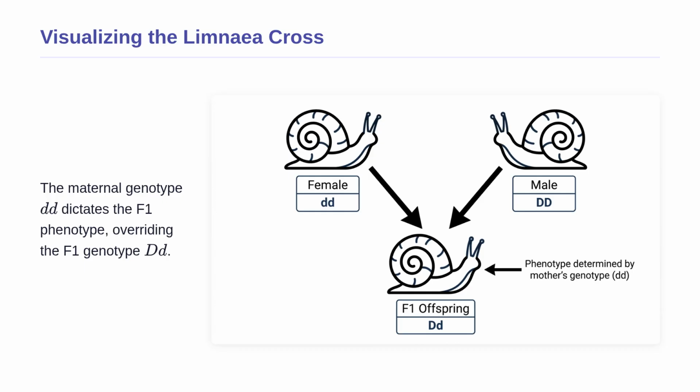The F1 offspring has the heterozygous genotype capital D lowercase d. However, look closely at its shell. It is coiling to the left, just like the mother. The annotation highlights exactly what this diagram teaches us. The physical phenotype is entirely determined by the mother's genotype, completely ignoring the dominant gene the offspring inherited from its father.